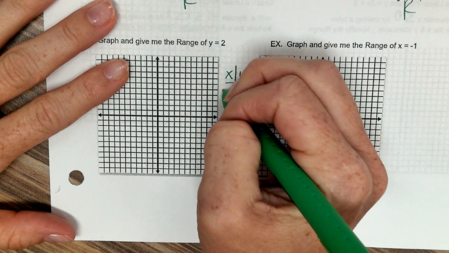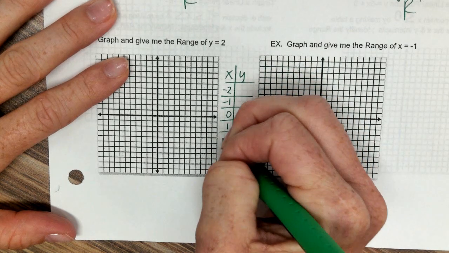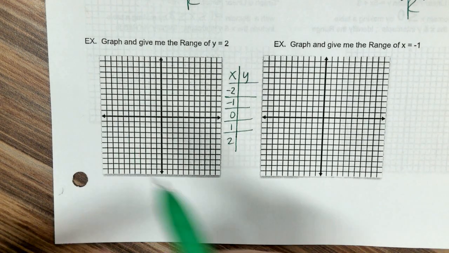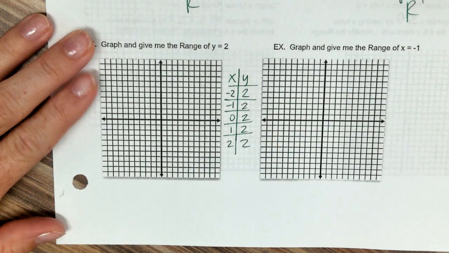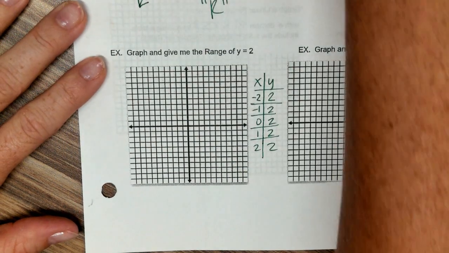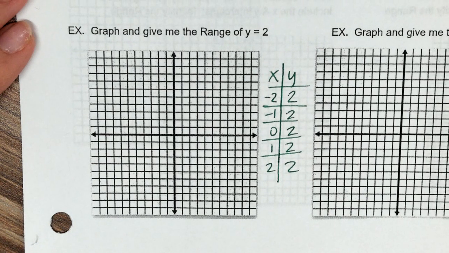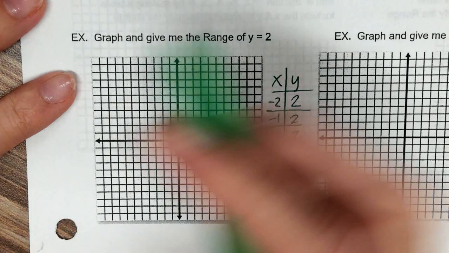So I can do the same domain, -2, -1, 0, 1, 2. Okay, so let's go graph that.